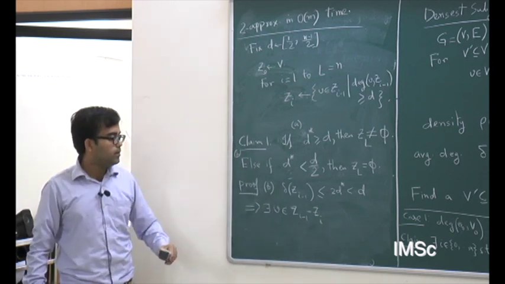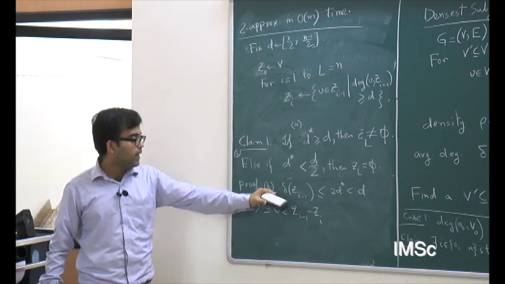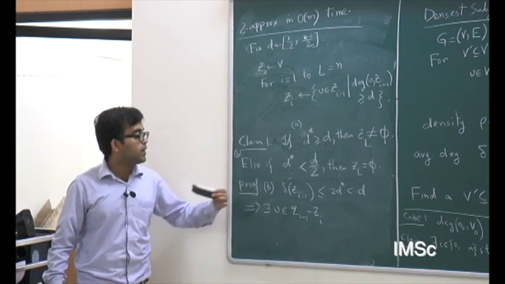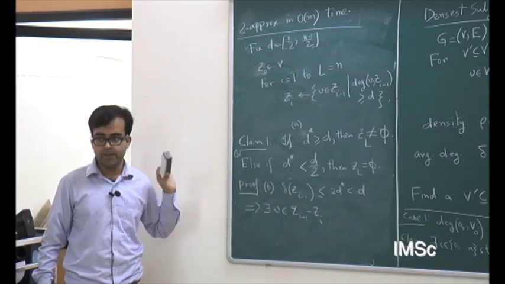What will be your idea to extend this argument to say that we can remove possibly a constant fraction of the nodes from Zi minus 1, then we will be done.